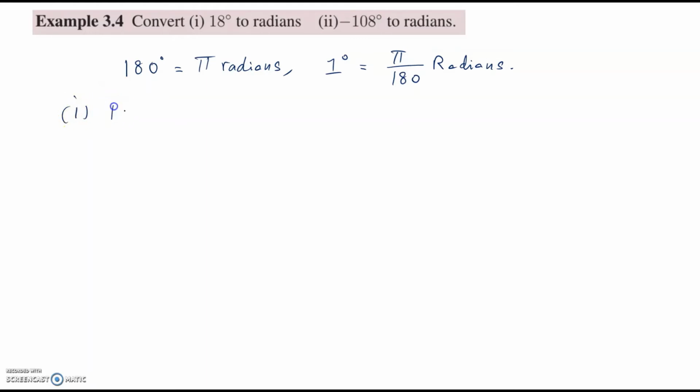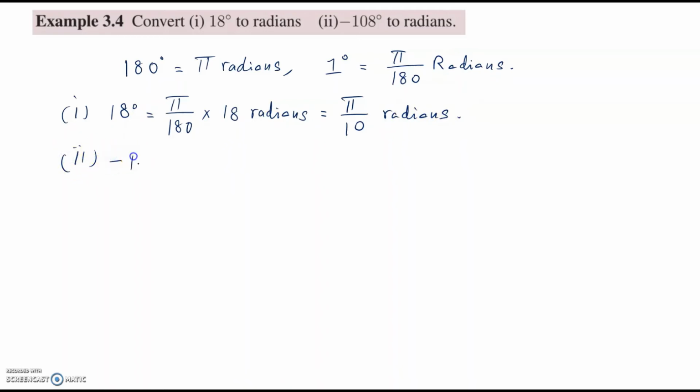So 18 degrees will be equal to pi by 180 into 18 radians, and that's equal to pi by 10 radians. Question number 2.